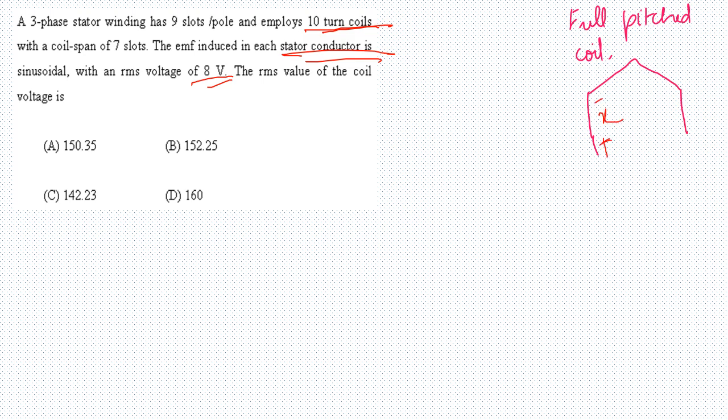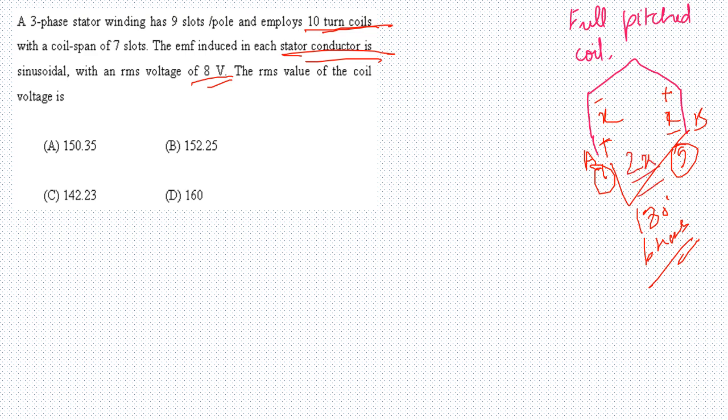Then the voltage induced in the other side of the coil, say this is slot 1 and this is slot 9, on the 9th slot it would be the same voltage but with opposite polarity. So these two will have a 180-degree phase difference. If you want to know the voltage between A and B, then this voltage will just be added up, it will become 2x. Say each conductor has 8 volts, so each turn will have 16 volts.